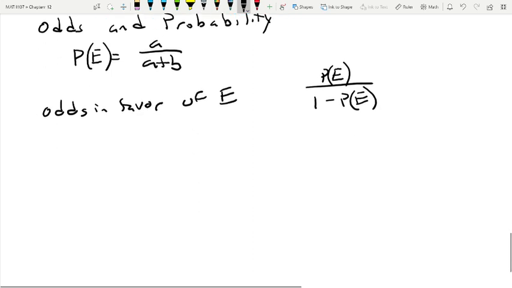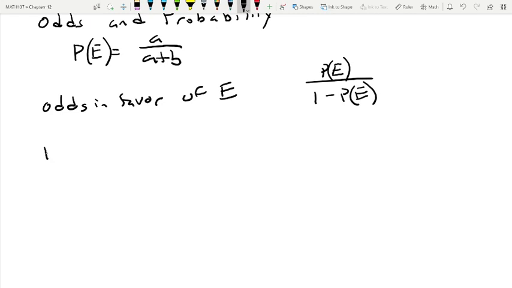So let's go back to our dice. We said the probability of a 7 was 1 out of 6. So the odds of getting the 7 are going to be the probability of E, which was 1 out of 6, over the probability of not getting that, so 1 minus P(E), which we said was 5 out of 6.